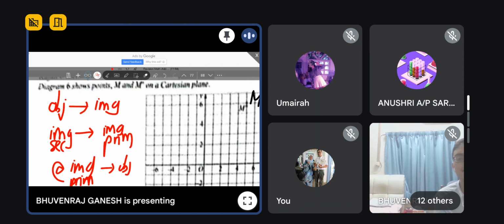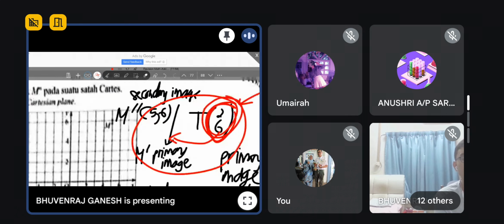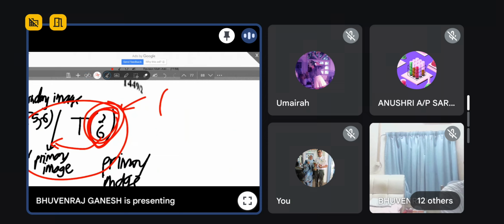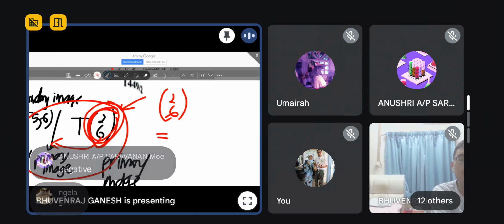Kamu kena terbalikkan transformasi. So guys, what is the opposite of translation 2,6? Apa yang berlawanan dengan yang ni? Siapa boleh bagi tahu nilai dia? Kalau lawan, kita tambah simbol apa? What symbol do we need to add to make it opposite? Common sense also. Yes, negative sign.